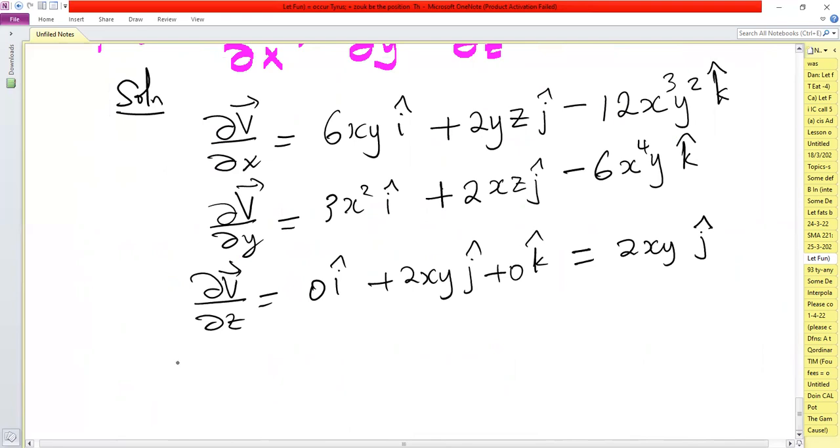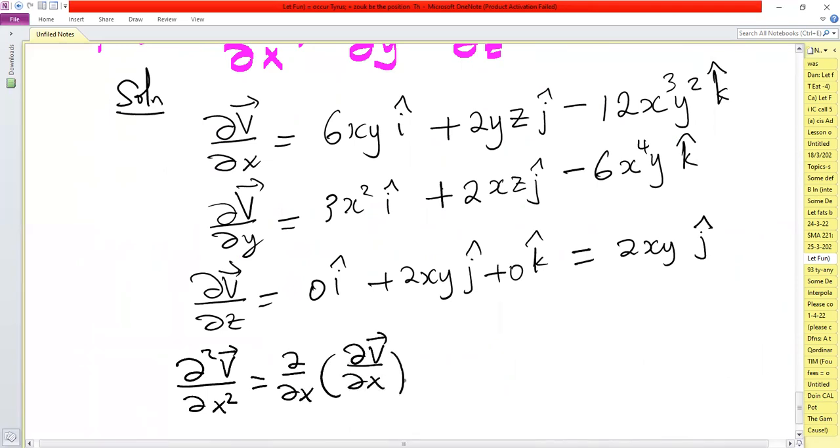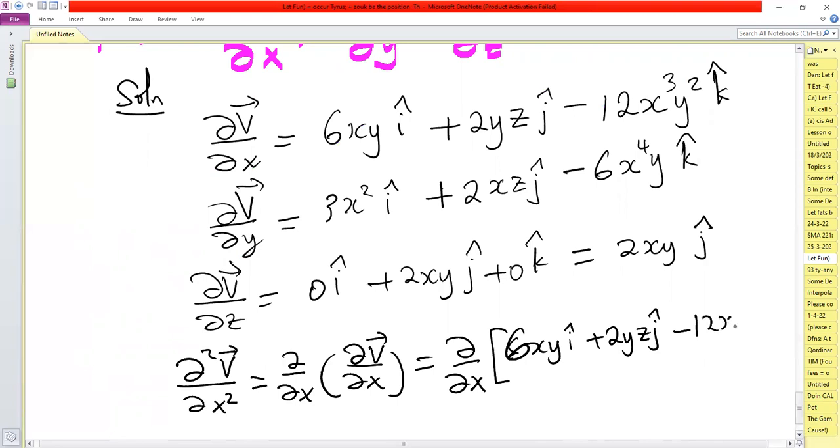Now we are expected to find the second partial derivative of v with respect to x. Remember, by definition, this is the same as partial x of partial v partial x, where partial v partial x from our first part is 6xy i plus 2yz j minus 12x power 3 y squared k.